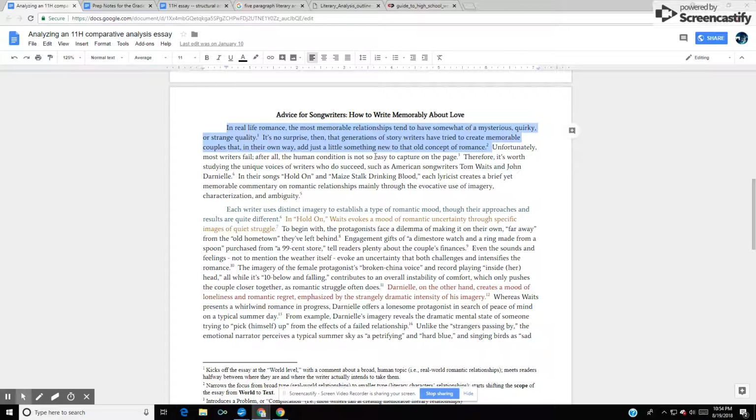One thing this student did was she added another little wrinkle, which was to introduce a problem, and then tell us that her essay is going to provide an answer to that problem. So this is something you might not get taught in high school, but it's a nice little trick.